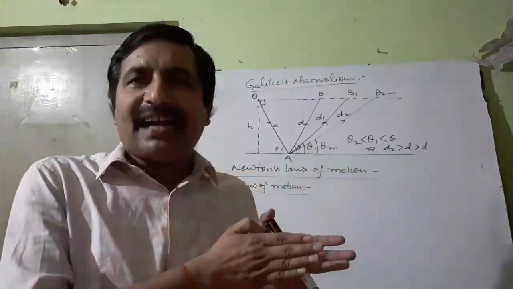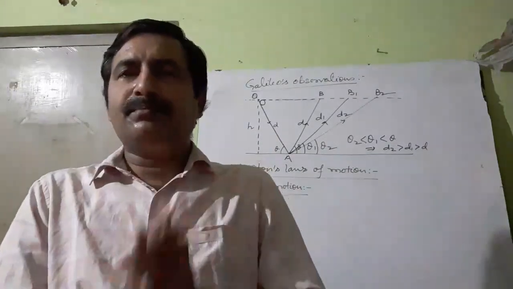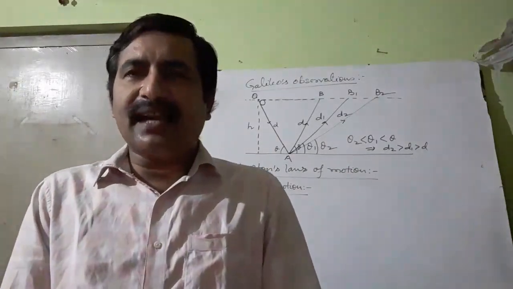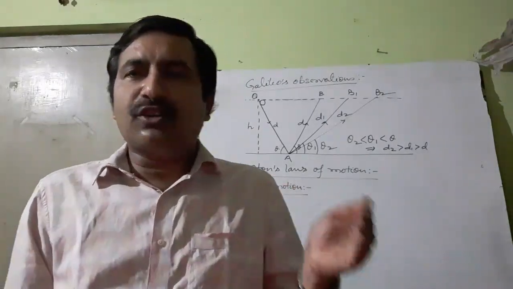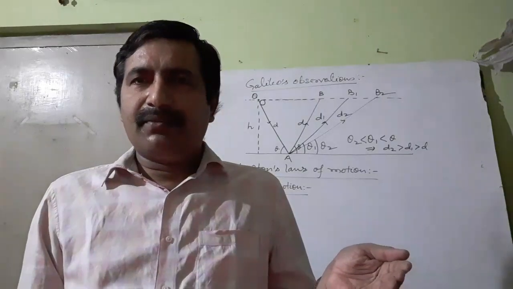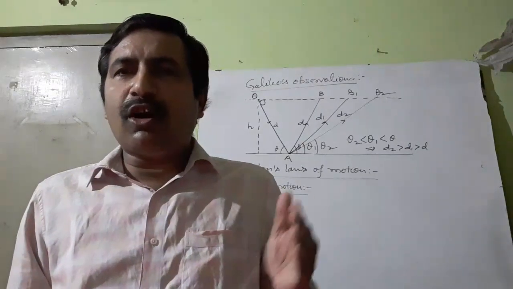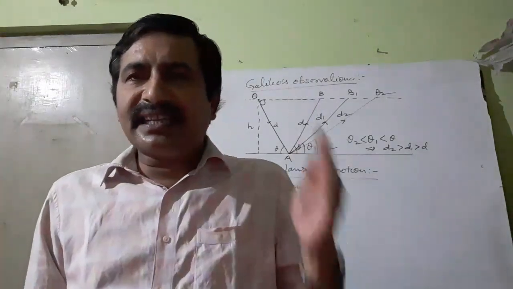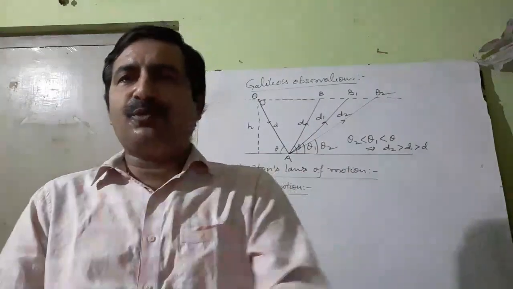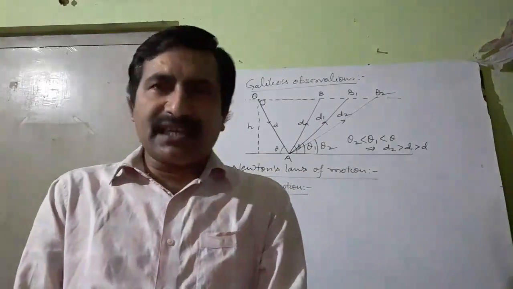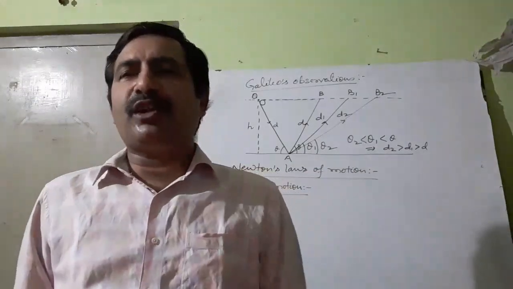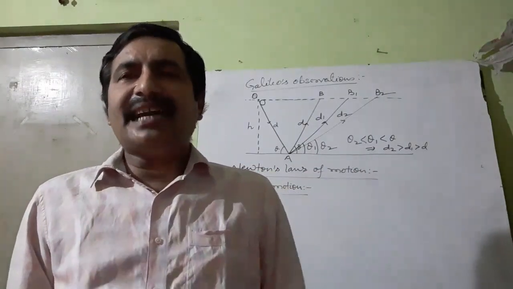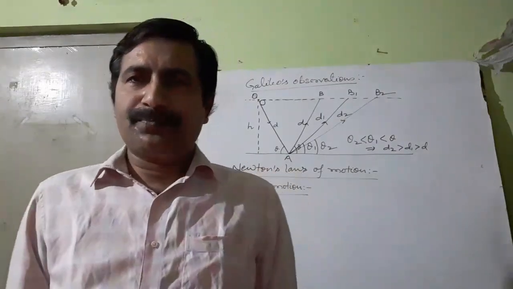So the first part of the first law of motion defines inertia. Hence, the first law of motion is also called the law of inertia. The second part of the first law of motion defines a physical quantity which can change the state of a body, and that quantity is called force.